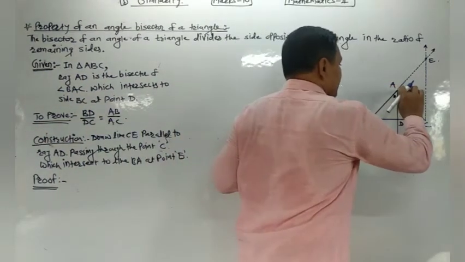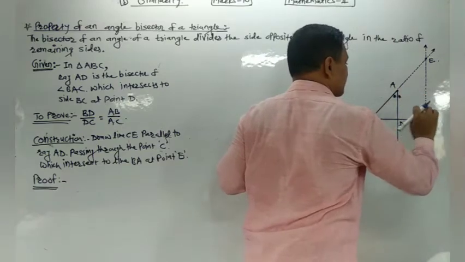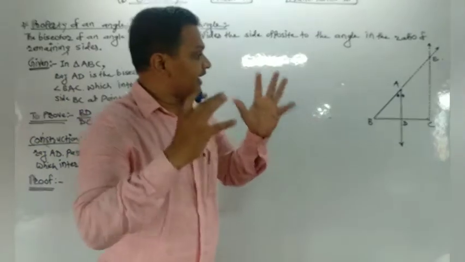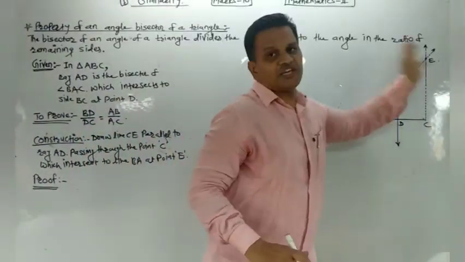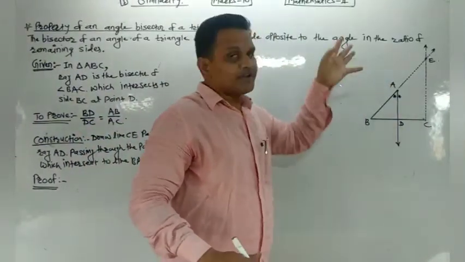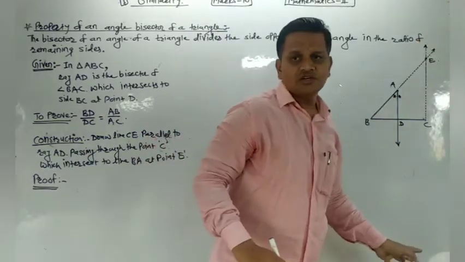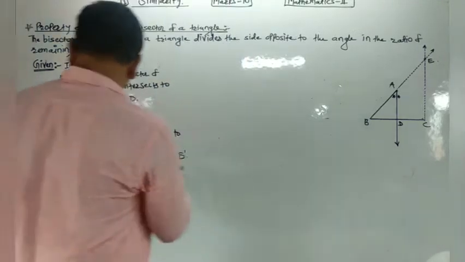In triangle BCE, ray AD is parallel to side EC. Who said this? It is here in the given.